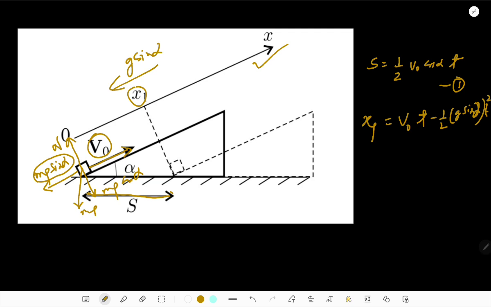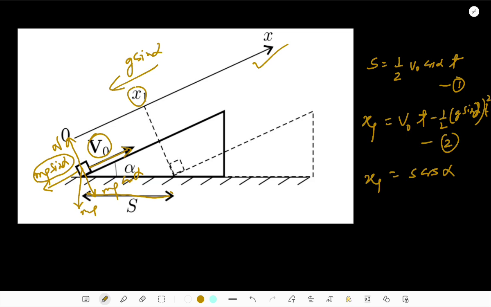So this is my equation number 2, and x1 is simply s cos alpha, the net displacement of the cube. x1 is just a component, so we can write x1 equals s cos alpha.